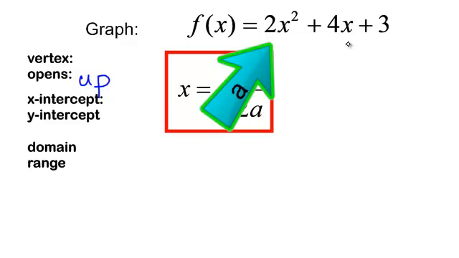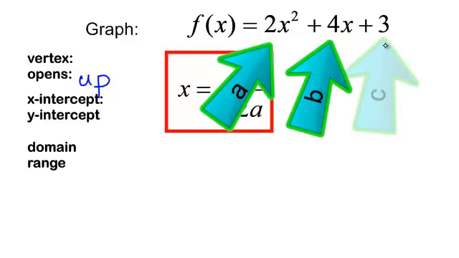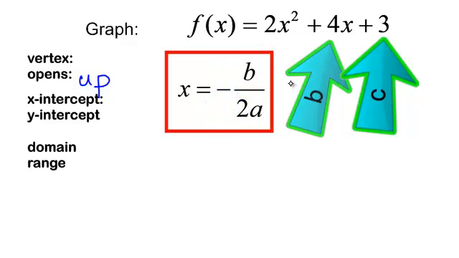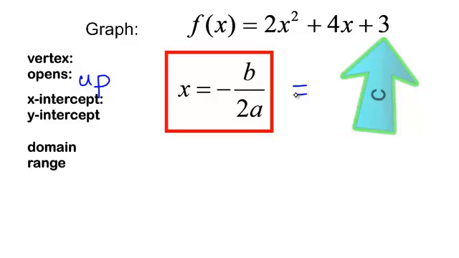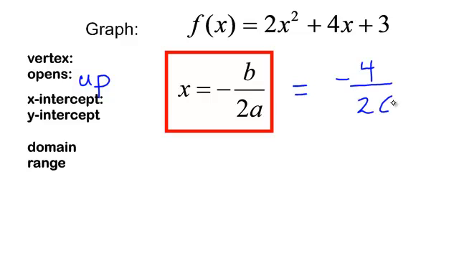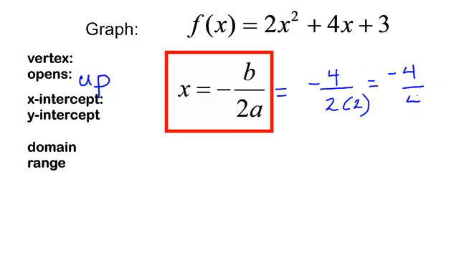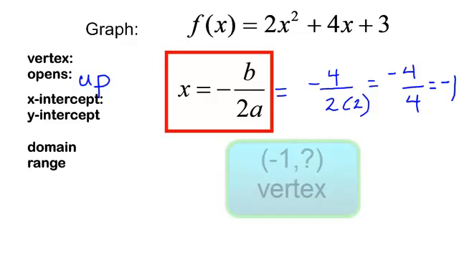Our b is the coefficient with the x to the first, and our c is the constant. So x of my vertex will equal negative b, which happens to be 4, over 2 times a, which happens to be 2. So that would be negative 4 over 4, which is negative 1. So I know that the x of my vertex is negative 1.